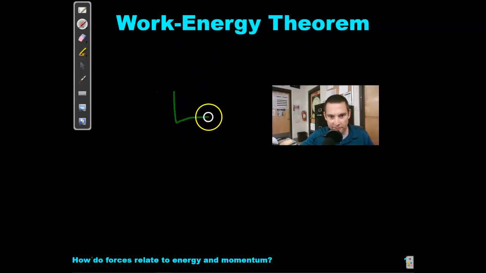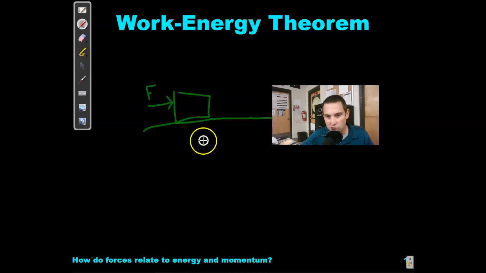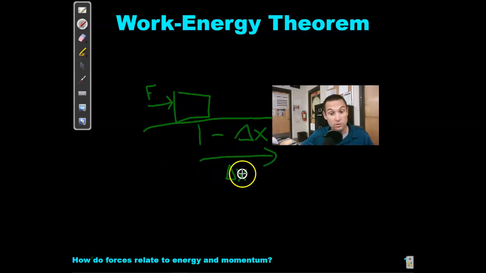Let's say we have our box, right? And this box is on a surface. And we start applying some force F in this direction, and the box moves this displacement. Okay? So now my displacement is in this direction, and my force is in this direction.